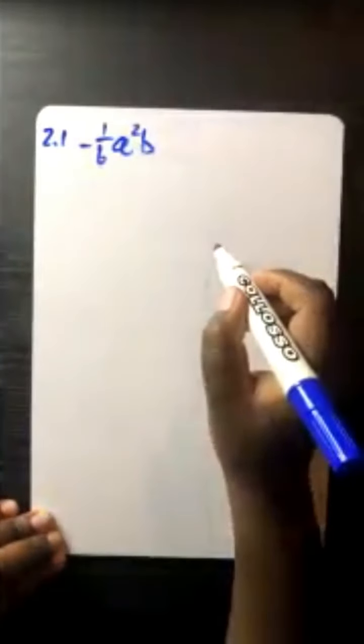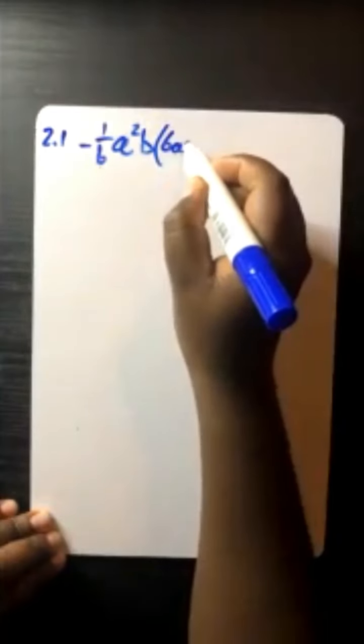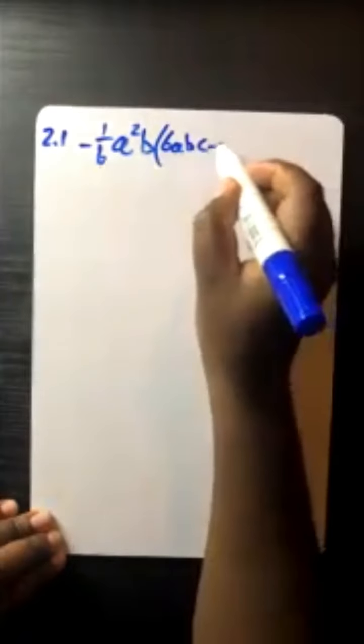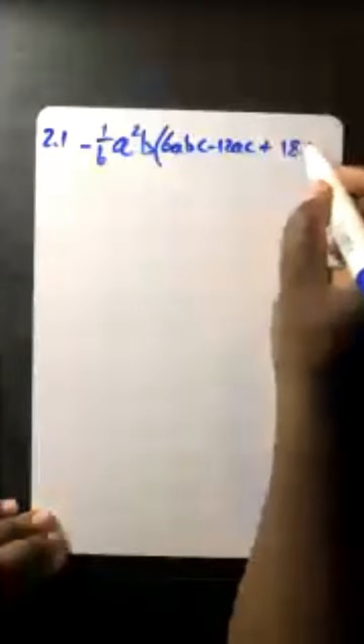So now 2.1 obviously is minus 1 over 6 a squared b, and then what else have we got? We've got a bracket, so that is 6abc minus 12ac plus 18ab.